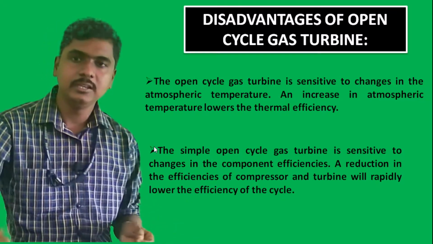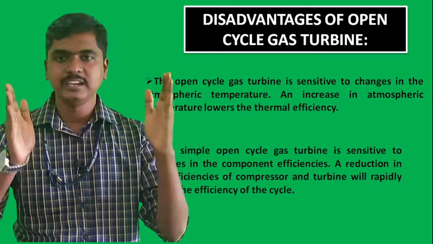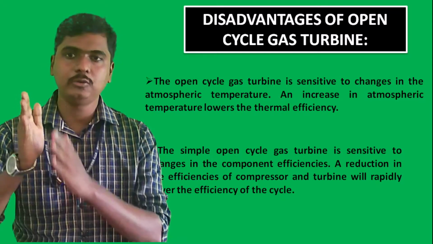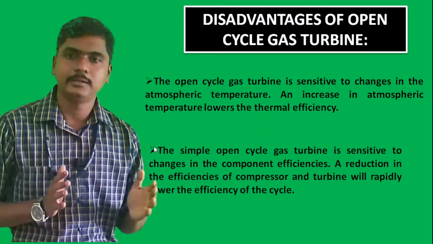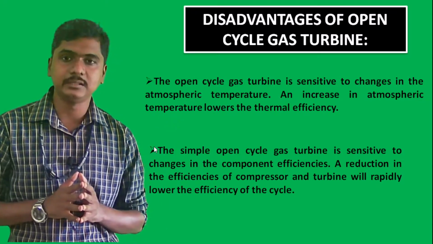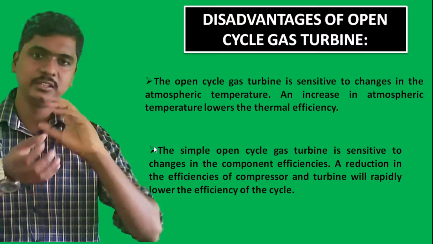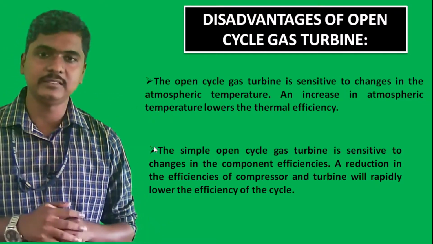Component efficiency means here we have two components. One is the compressor, one is the expansion turbine. For the compressor we have a compression efficiency, and for the turbine we have a turbine efficiency. So this open cycle gas turbine is very sensitive to the respective compressor and turbine efficiencies.